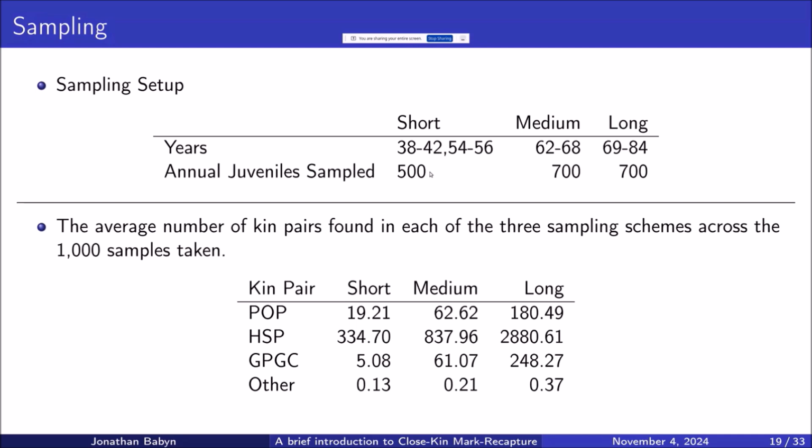That would compose a starting point. And then a medium term, where I assume that we added a few extra years of sampling starting in the near future at 700 juvenile sampling. And then a long term, where we just kept extending it into roughly the lifespan of one gray seal.